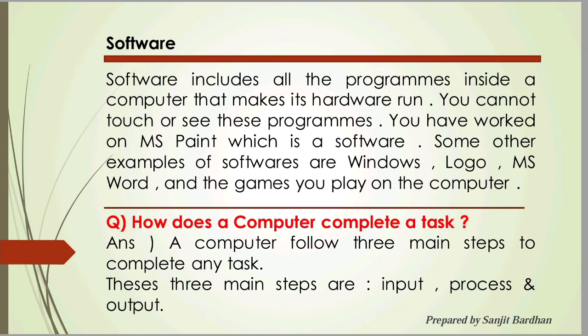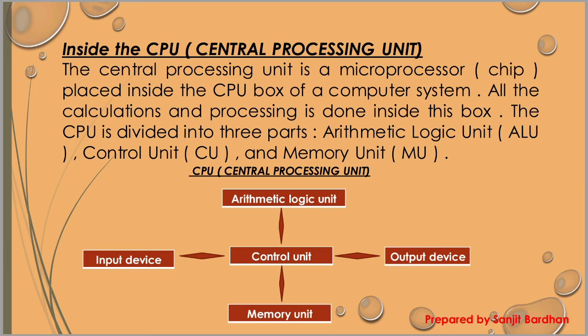So move on to the next page. Here is inside the CPU. CPU means central processing unit, or the brain of a computer. The central processing unit is a microprocessor chip placed inside the CPU box of a computer system. That means nowadays every computer has a small microprocessor silicon chip inside its CPU box.